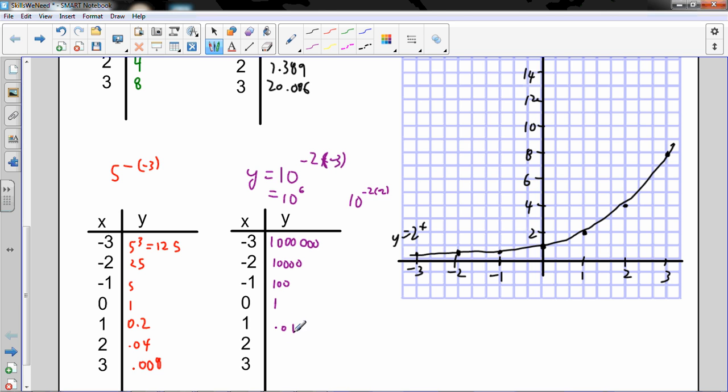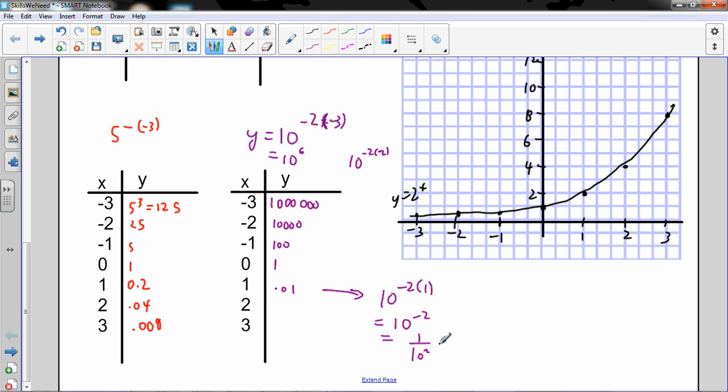For this one here, 10 to the exponent minus 2 times x, where x is 1, is 10 to the exponent minus 2, which is 1 over 10 squared, which is 1 over 100, which is one hundredth. There it is. And the next one is 0.0001, and then this is almost 0. It doesn't matter. It's not going to fit. And so there you got the values.